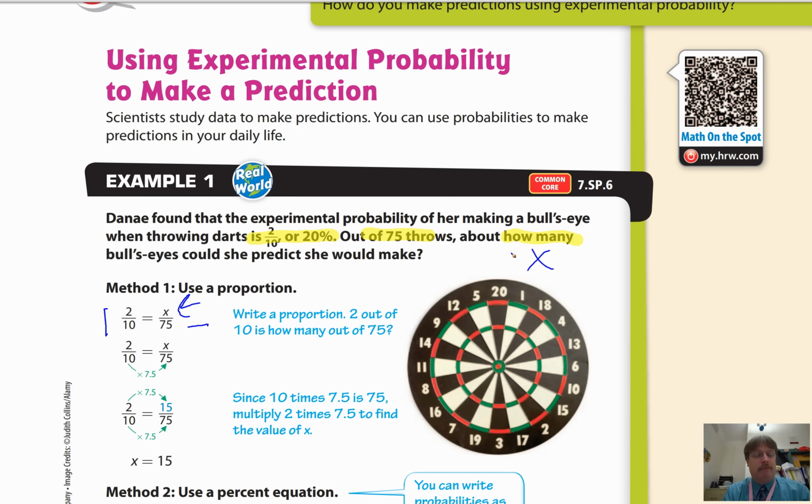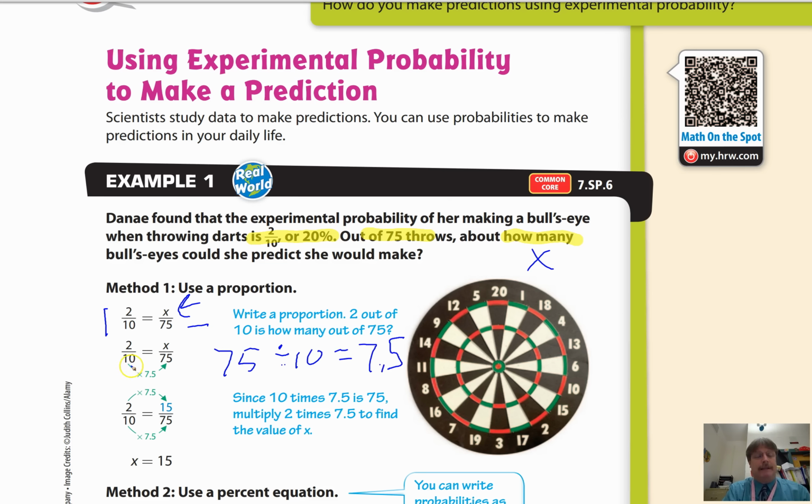So if you remember when we did proportional relationships, we were talking about that scale factor. How many times does 10 go into 75? And the way that you can find that out, it's not an even number. It's not like saying 8 and 2 goes into 8 and that's 4 times. So what we can do is take 75 divided by 10, and that's going to equal 7.5.